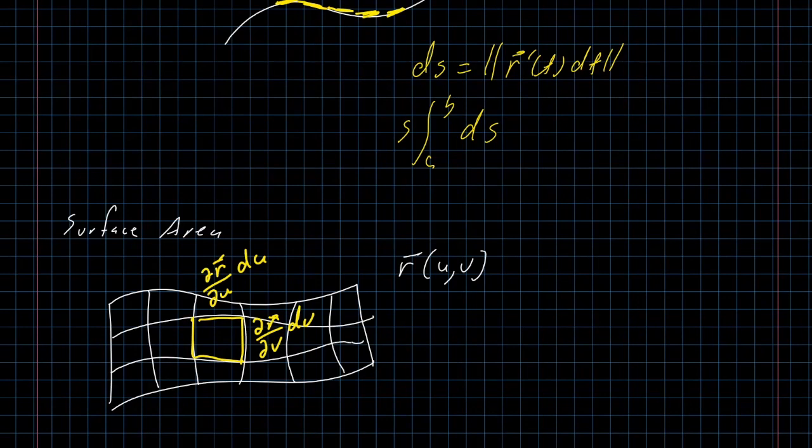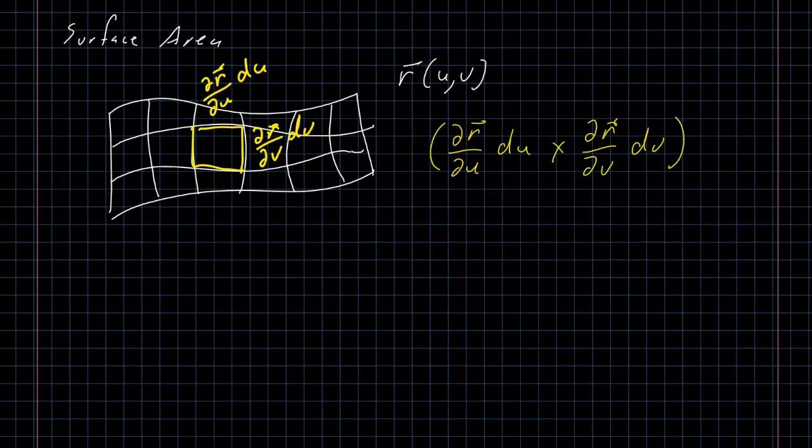So I want to take partial r partial u du, and I want to cross it with partial r partial v dv. And that will give me a vector that describes the area. The direction of the vector is going to be sticking out of the surface. But the thing that I care about, if what I care about is surface area itself, is going to be the magnitude.